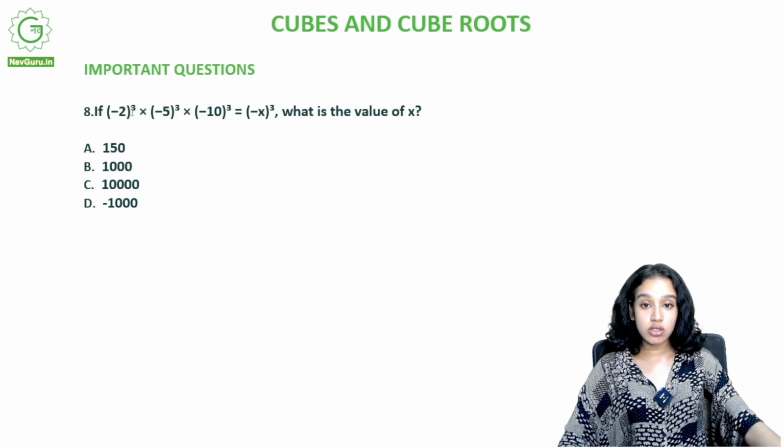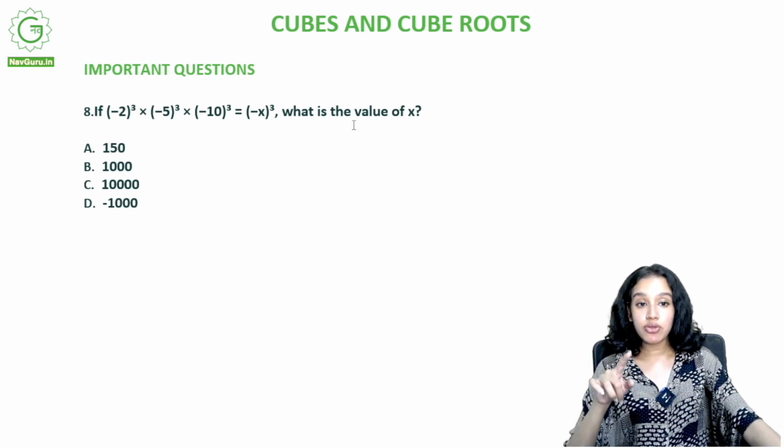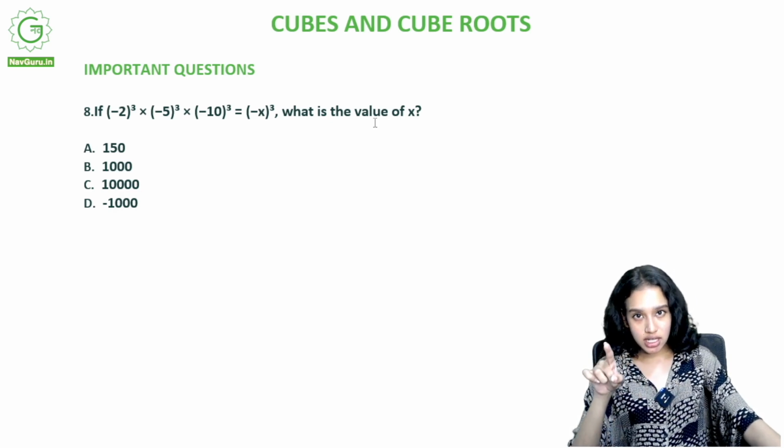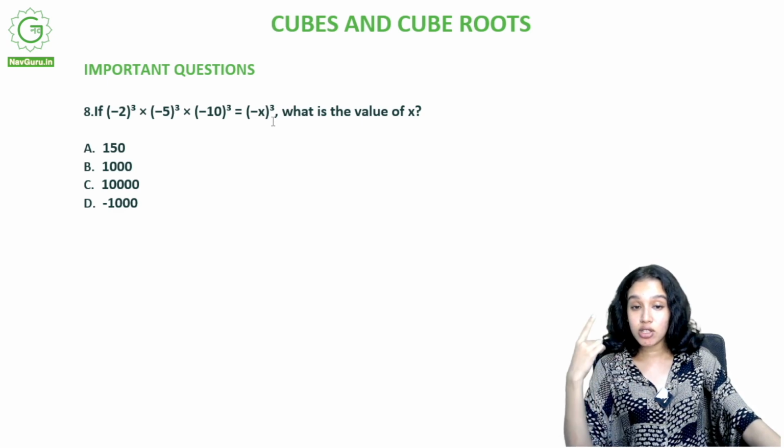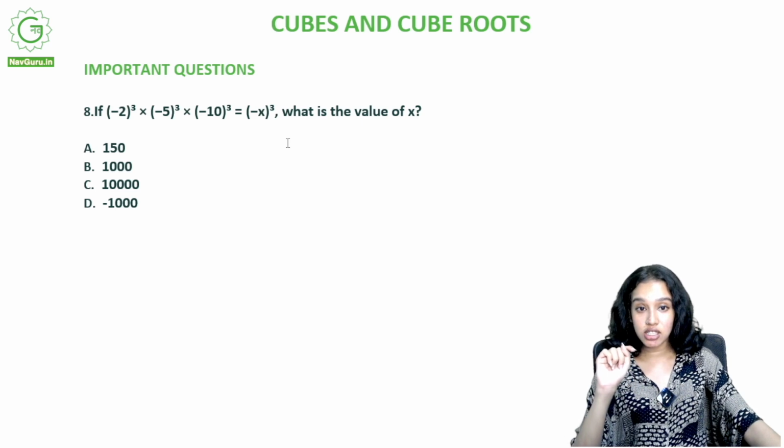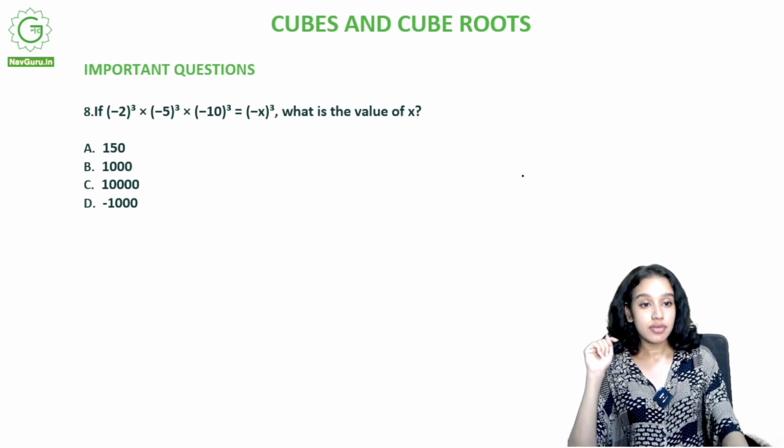Minus 2 raised to 3 into minus 5 cube into minus 10 cube is equal to minus x cube. Now we have to find the value of x. The point to be noted here is that the answer we get is not minus x cube, but it's the cube root of minus x cube. So let's see.